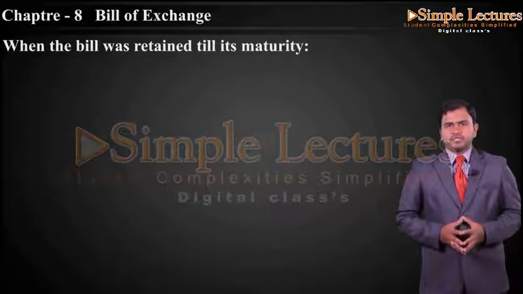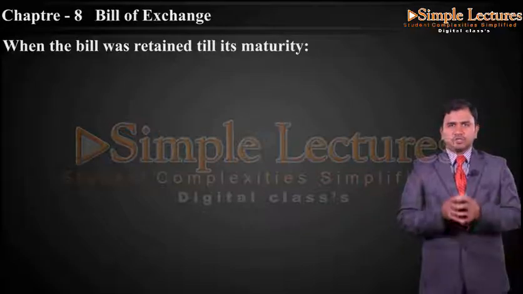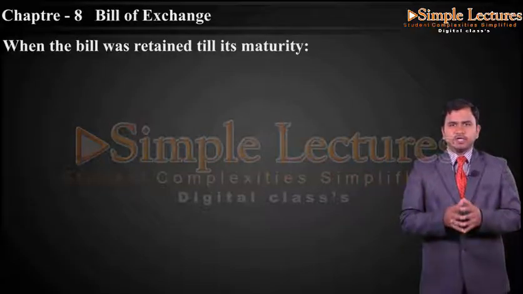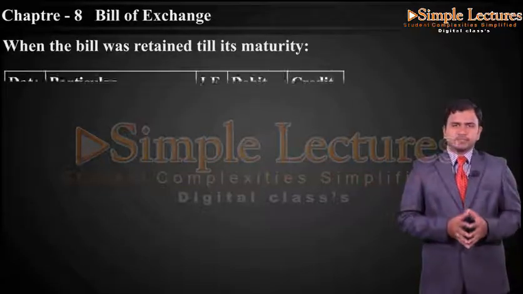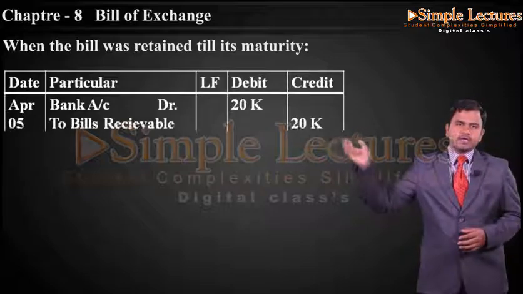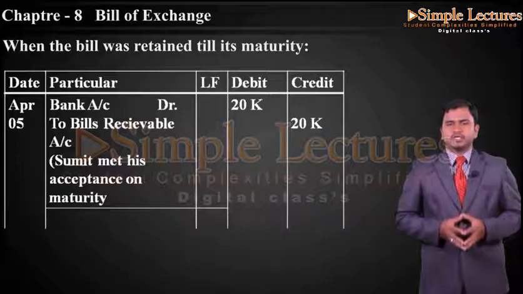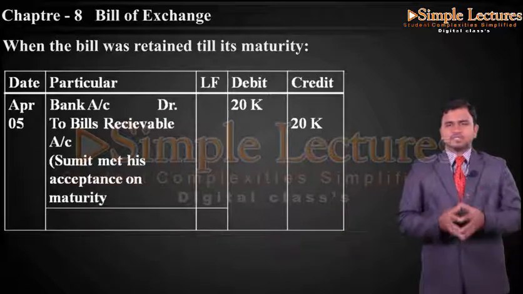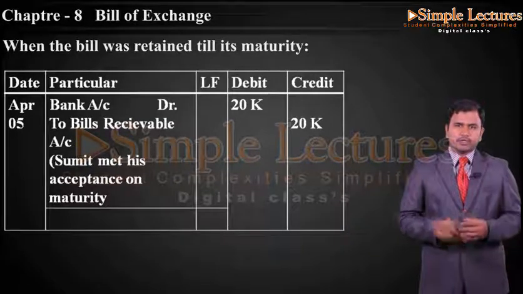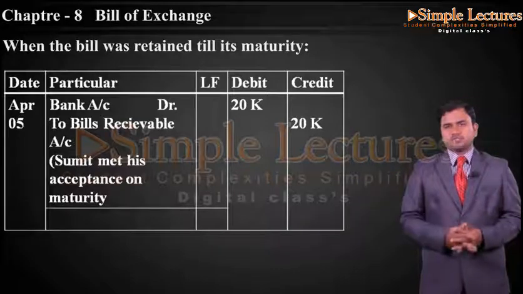The next entry will be for the receipt of the amount on the maturity date: bank account debtor to bills receivable account, and the narration will be Sumit met his acceptance on maturity, 20,000 debit and 20,000 credit.